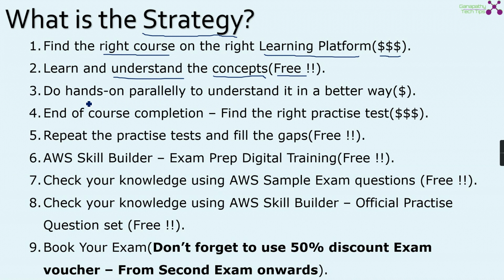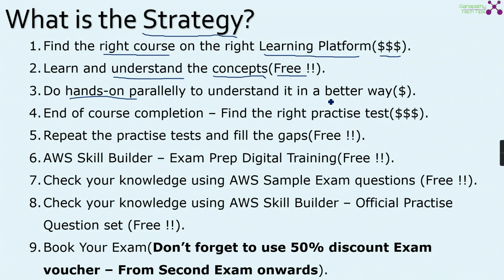Then parallelly, at the time when you are preparing for the exam using this course, you need to do your hands-on. How can you do that? It is very simple. AWS is offering you a free tier account. So for 1 year you will have many of the services. Say, for example, you can use S3 to some extent for free, and EC2 T2 nano and T2 micro type instances for free for the span of 1 year.